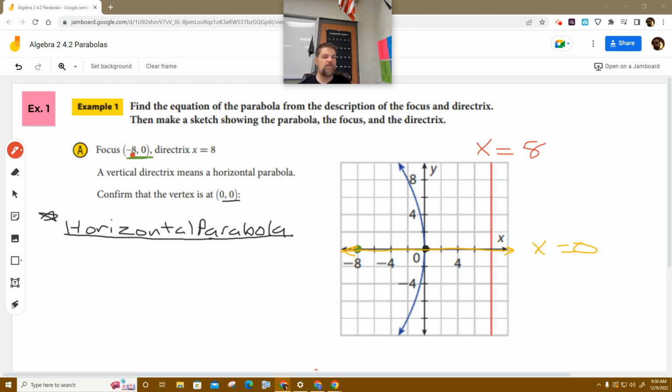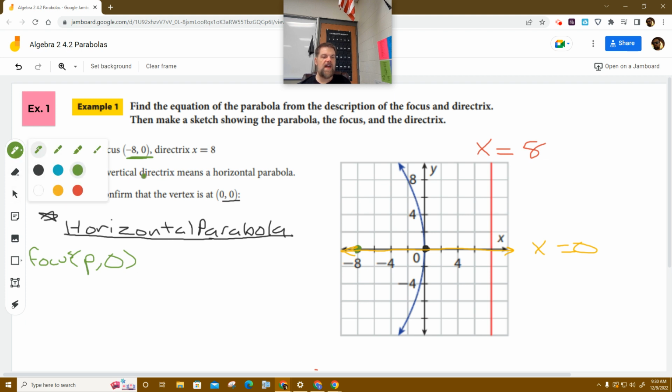We know that their focus, so let's write this down, because it's a horizontal parabola, will be p, comma 0. We know that's their focus.